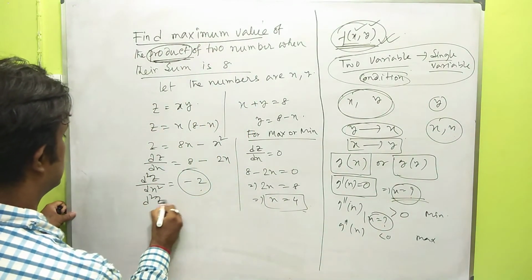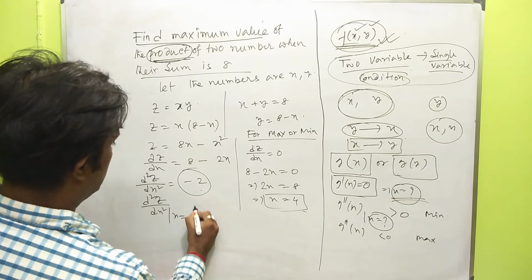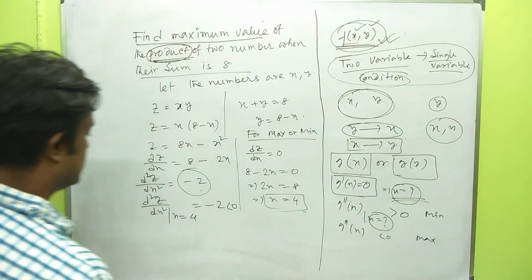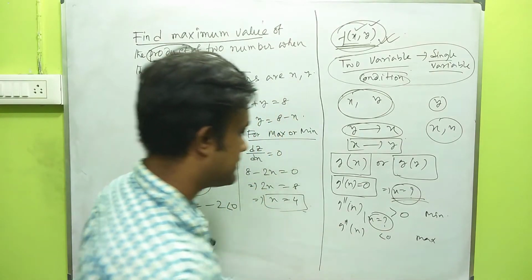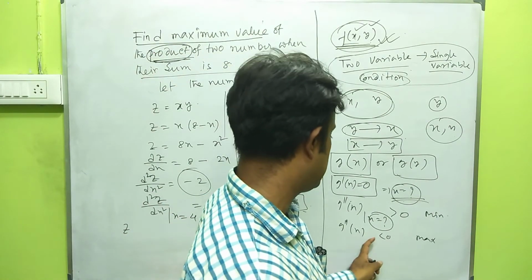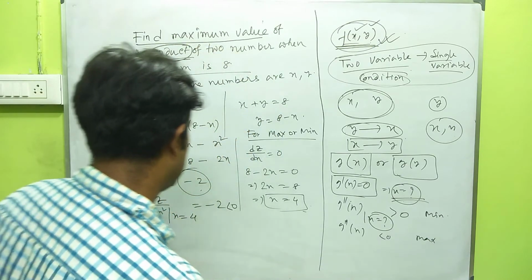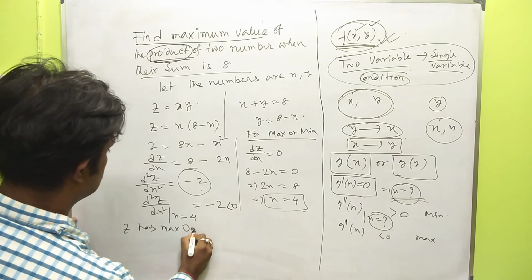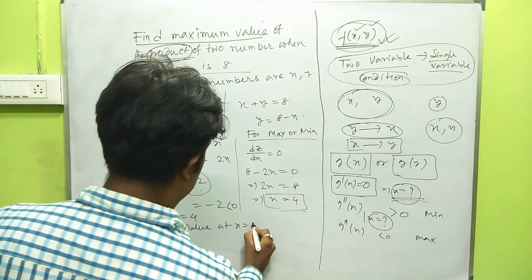So d2z by dx2 at x is equal to 4 is always minus 2, which is less than 0. So by this theorem, as g double dash x is less than 0, it has a max value. So z has a max value at x is equal to 4.